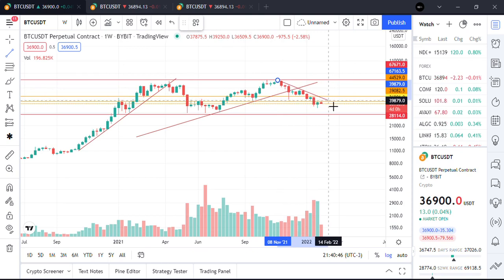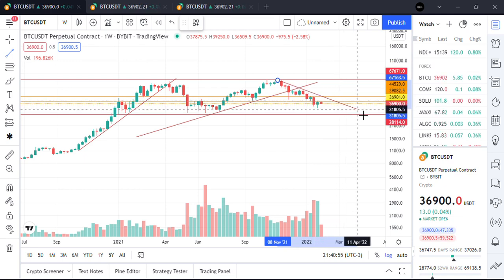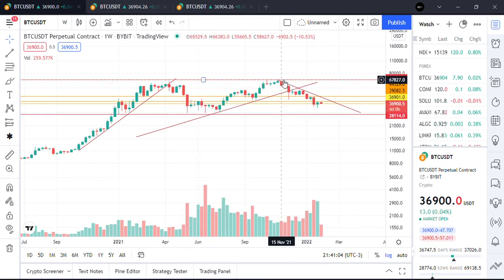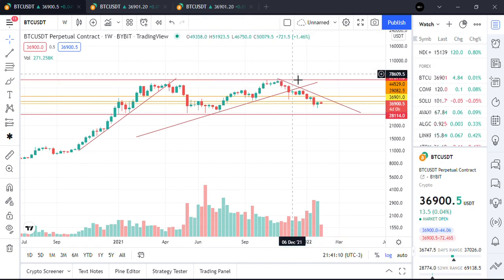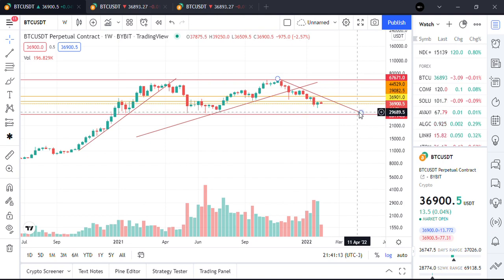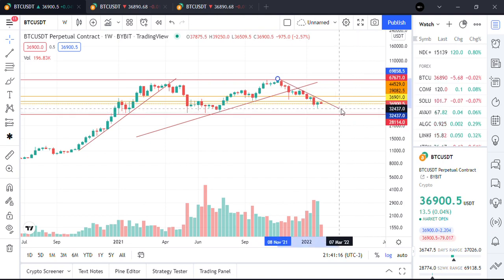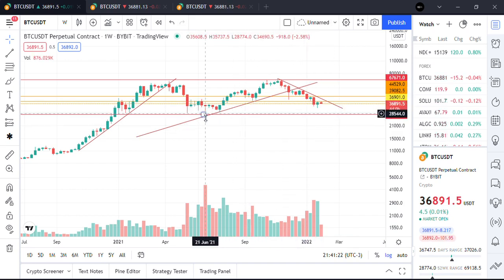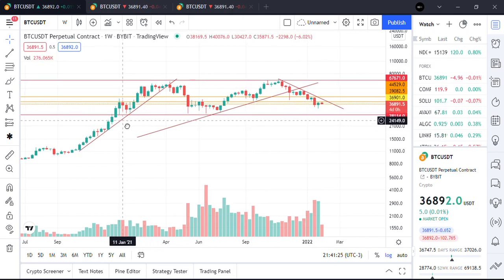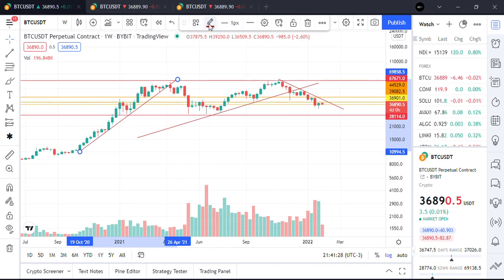So okay, we have more than three. Okay, but this is the weekly, so we have to change the color of the line, so we'll be able to identify the weekly.